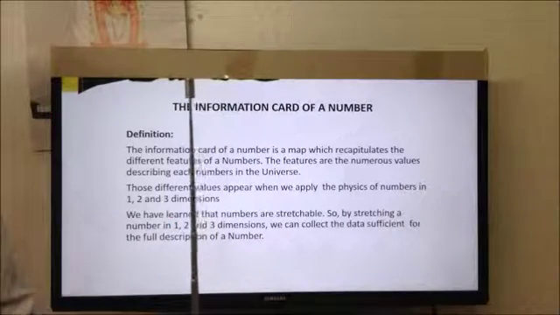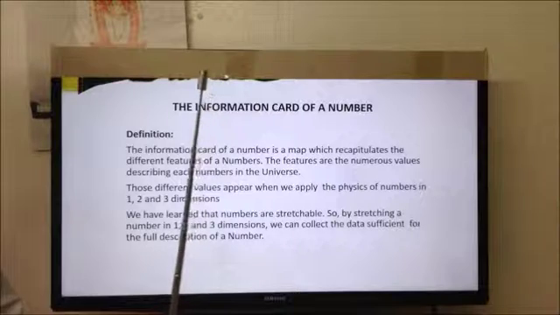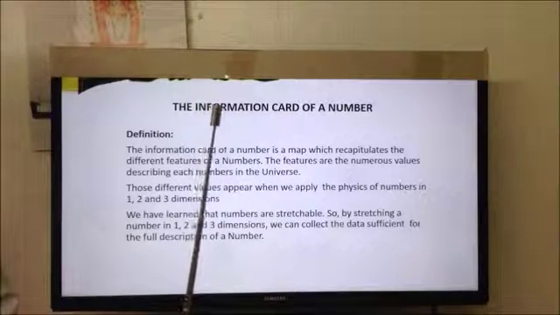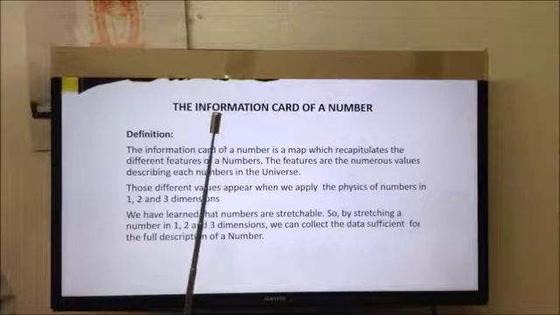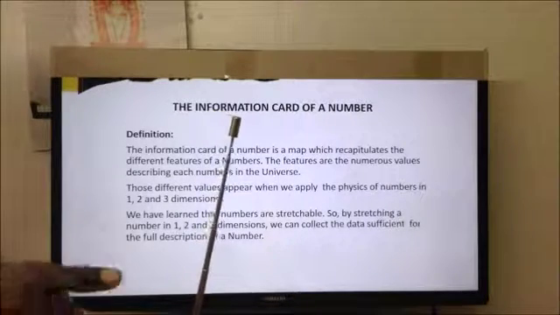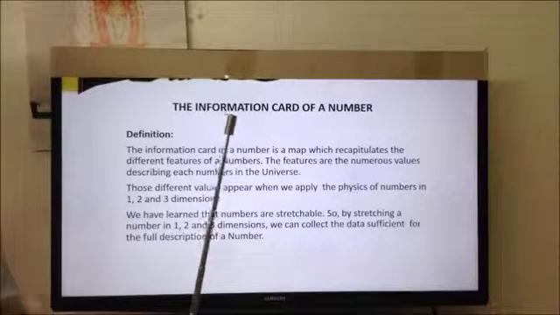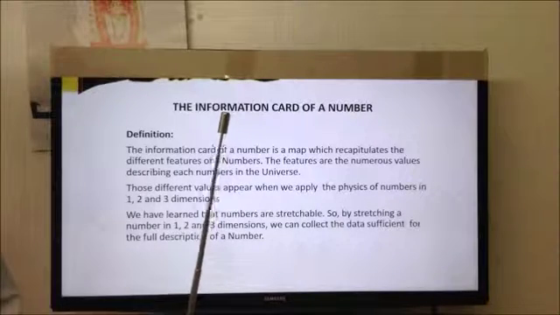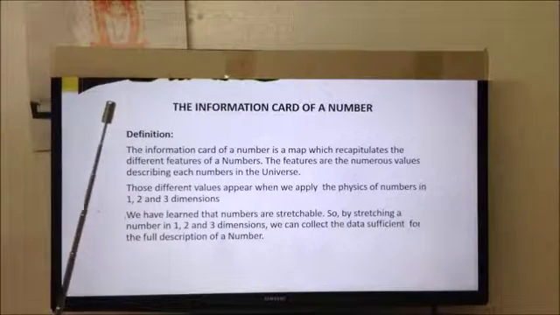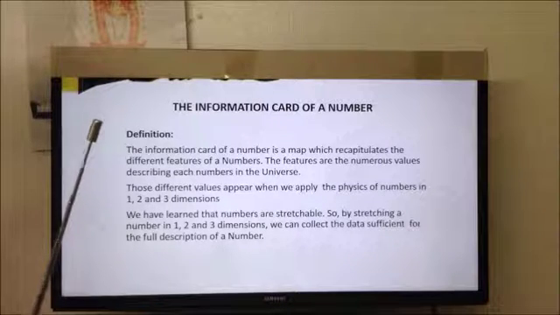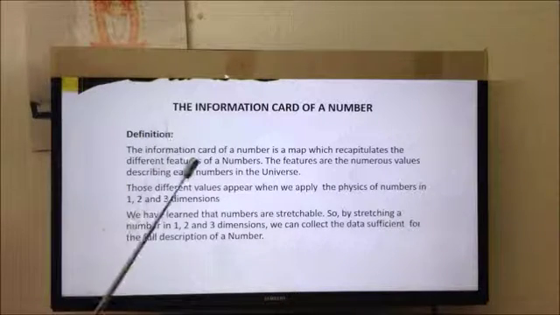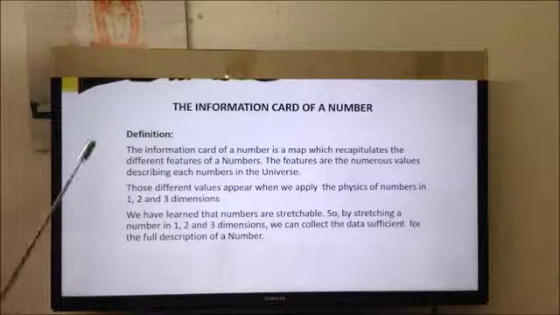So out of number 7, we can get different values which are hiding inside. That's why we need these operations. But before we talk about operations, let's first identify those features that will appear on the card itself.